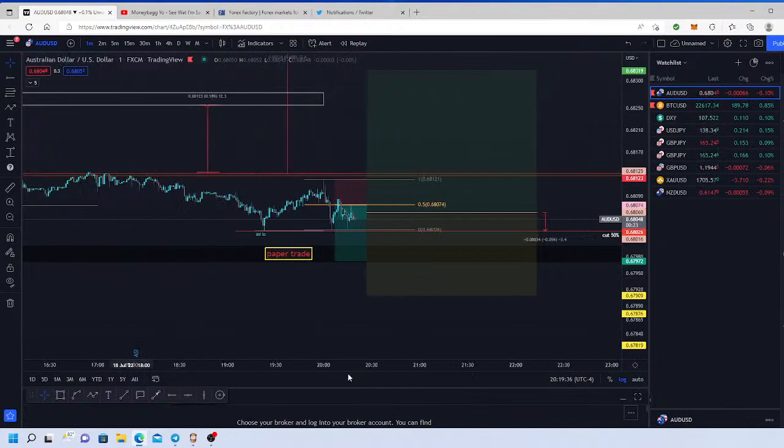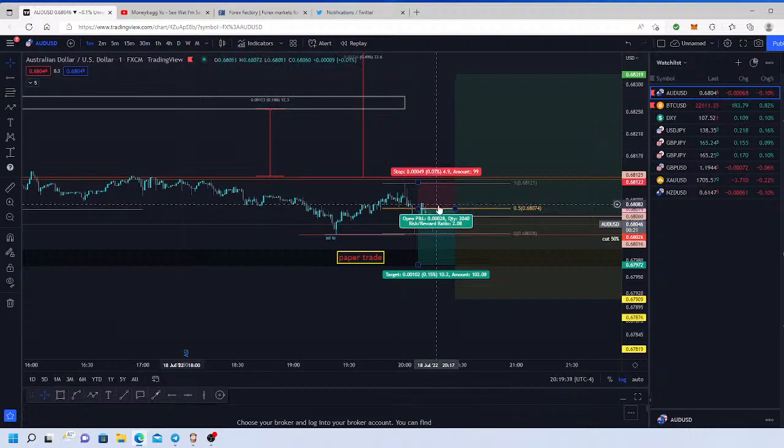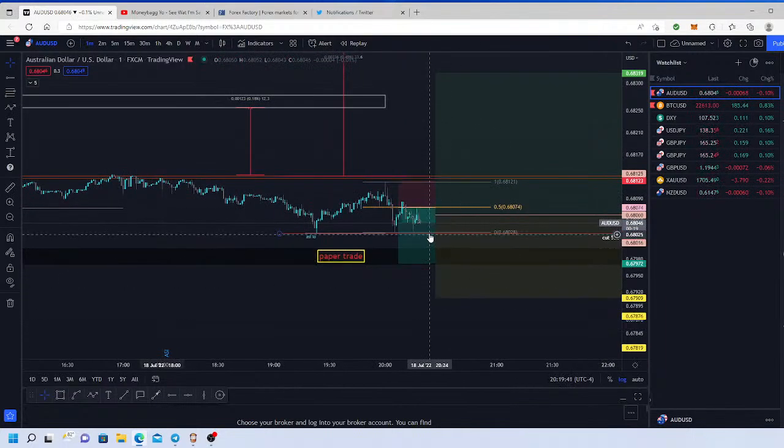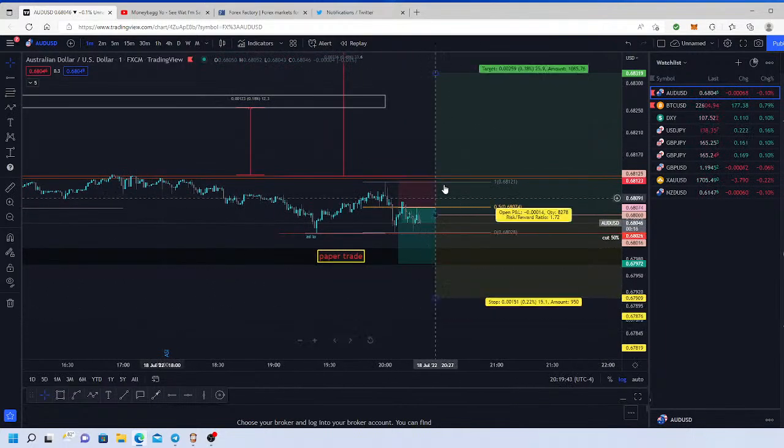Like paper trade might hold up. Yeah, came back and retested that 50. Let's see. Paper trade might hold.